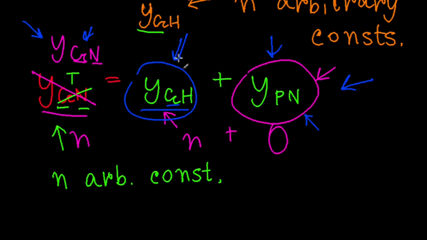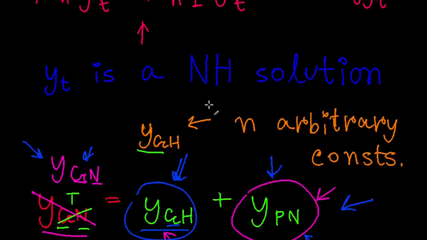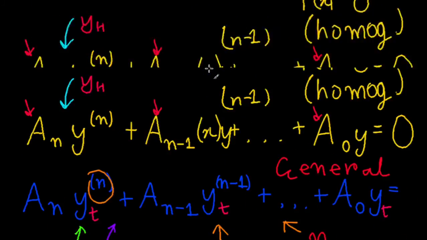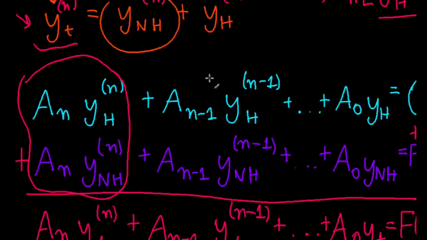It generalizes the solution to make the general solution. So I want you to think about this. That should be enough for today. Next time we're going to use this theorem to actually solve some linear non-homogeneous differential equations with constant coefficients.